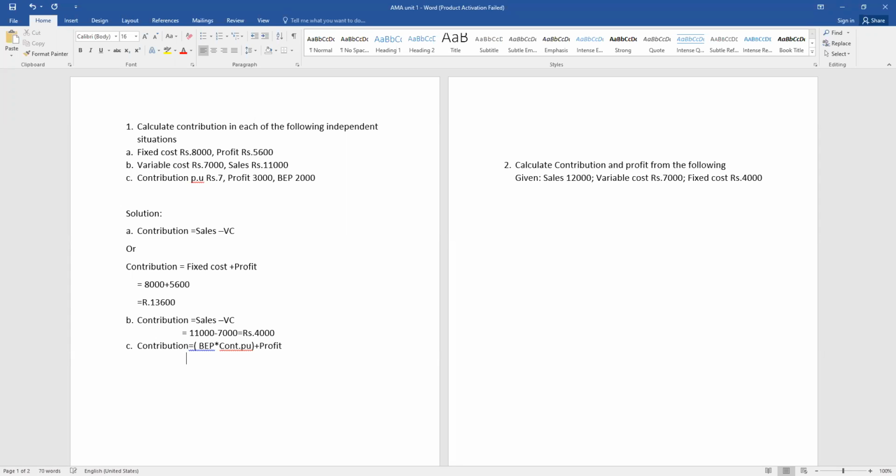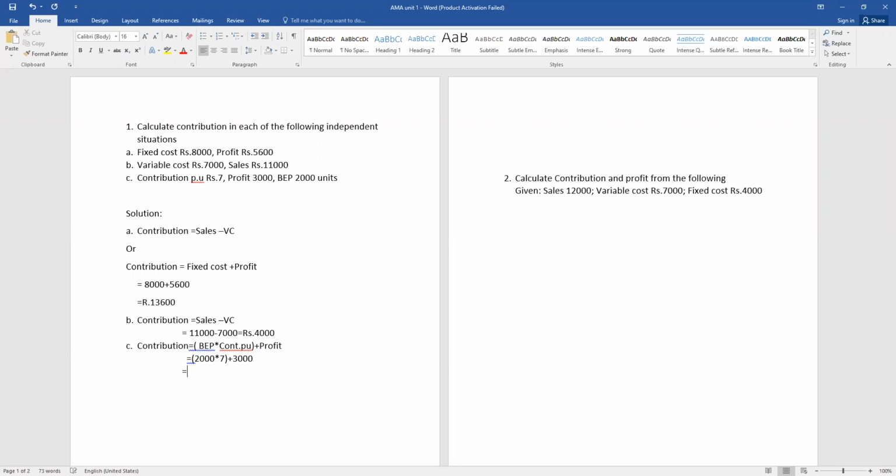BEP in units is given in the question as 2,000 units, into contribution per unit 7 rupees, plus the profit of 3,000.